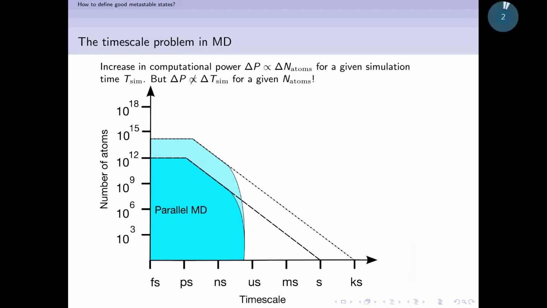Okay. So first, I'll motivate why we were interested in this question by reminding everyone of the timescale problem in MD. Typically, if you want to increase the number of atoms you simulate for a given time, you can take advantage of parallel computers and have bigger computers to simulate bigger systems.